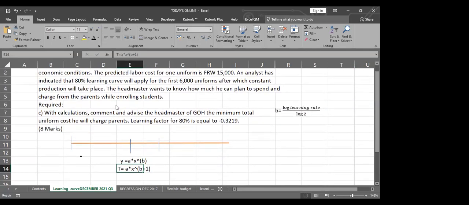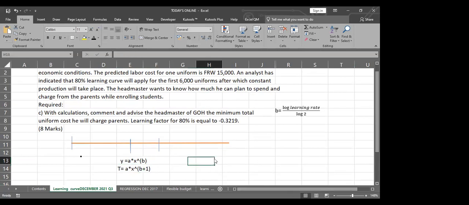Why do I need this? Because remember, I need to give the master figures, and the figures depend on the time or the factors that I'm developing here. Those figures will be useful to assist in stipulating the cost of a uniform.